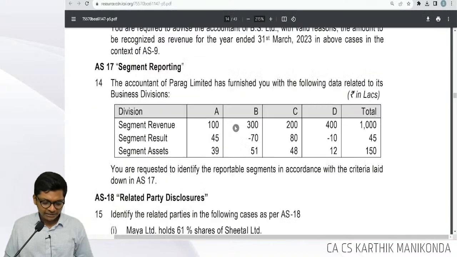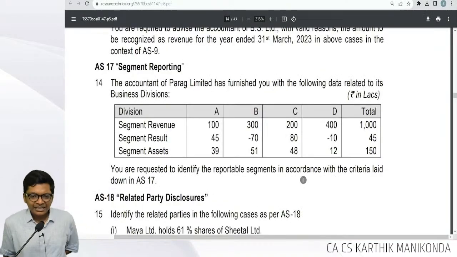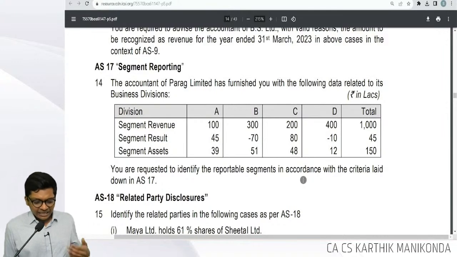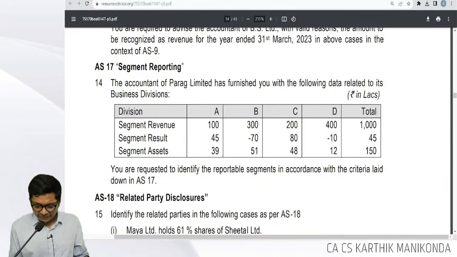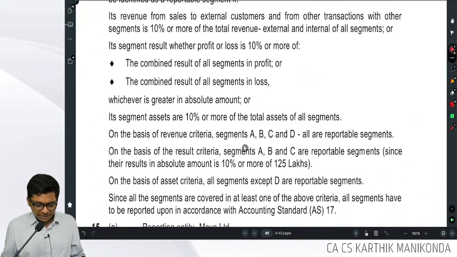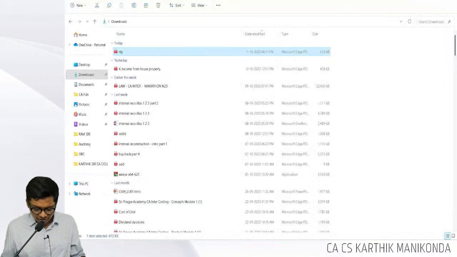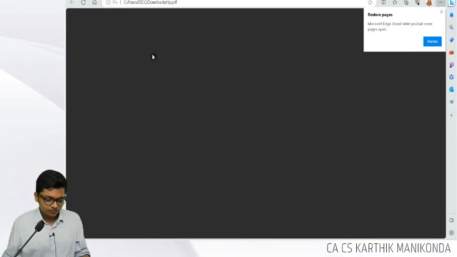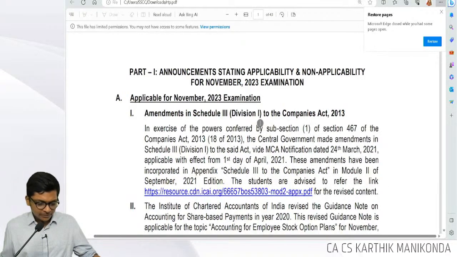Simple question. Next, I told you AS17 examiner's favorite question is segment revenue, result and asset. Asset is simple. Total assets given is 150. So let's try to actually compute the question itself. So I can open it this way. It becomes easier.